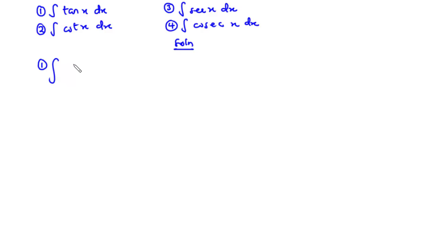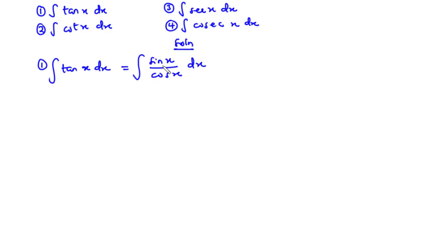How do we integrate the function tan x dx? Now we know that tan x is equal to sine x over cos x. Now whenever you want to find the integral of a function which is presented in the quotient form, the first thing you need to check out is if the numerator is equal to the derivative of the denominator, or better still, if the numerator is a multiple or a sub-multiple of the denominator.